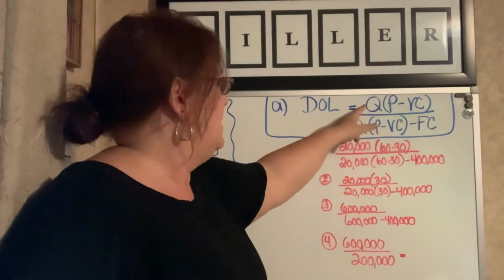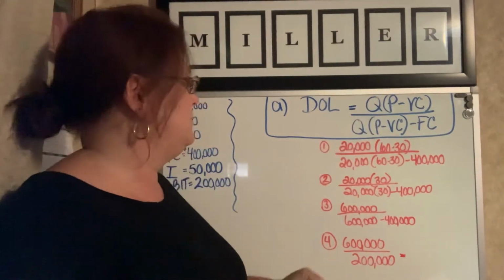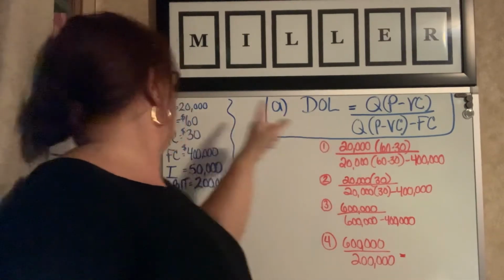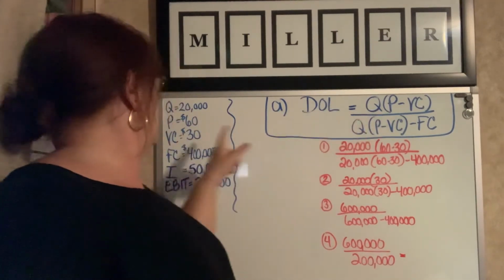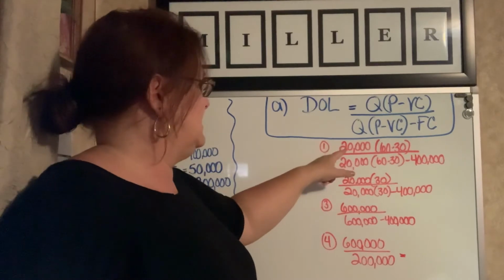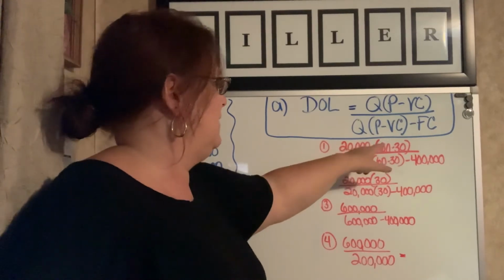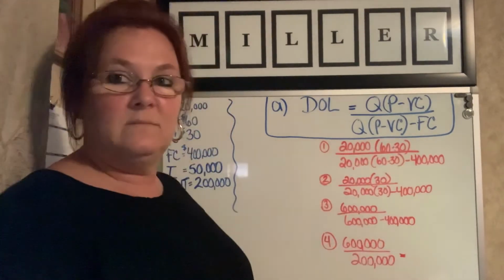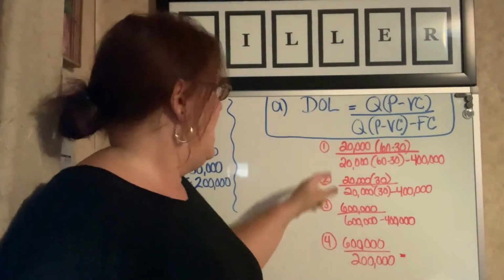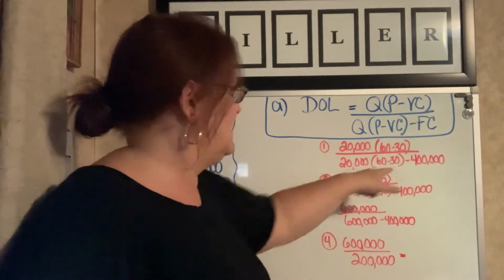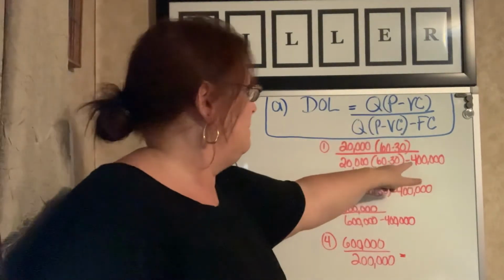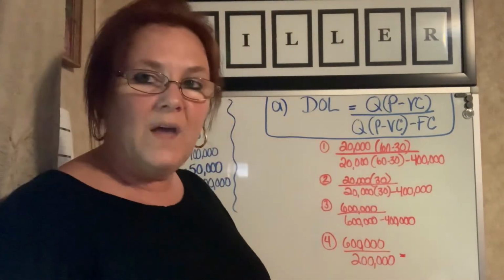Your quantity is 20,000, your price per unit was $60, your variable cost is 30. So it's 20,000, and then in my parentheses, I have 60 minus 30. I plugged in all those numbers. In the denominator, I have the exact same thing, but the difference is minus 400,000.